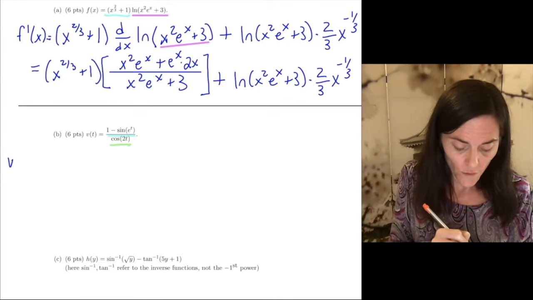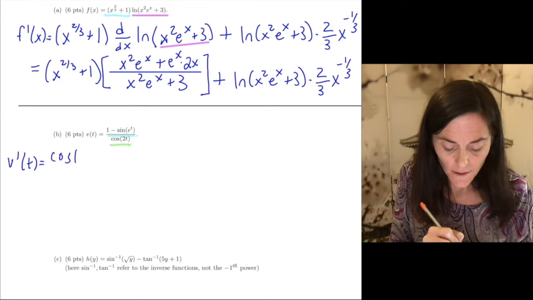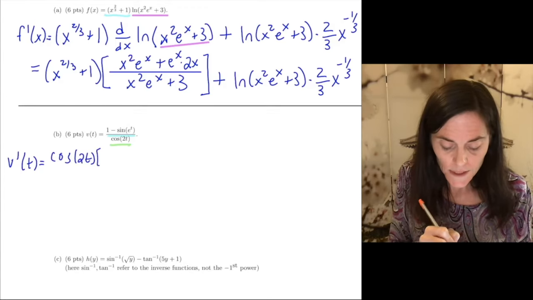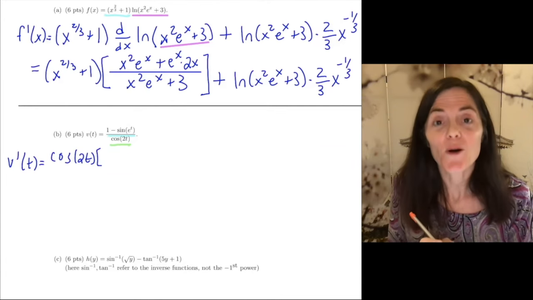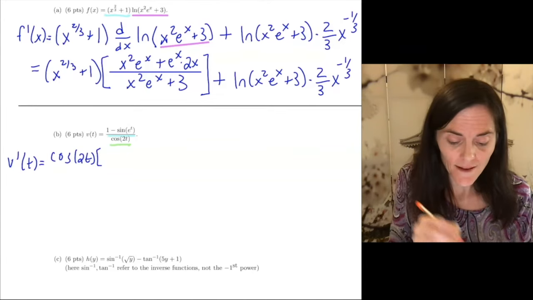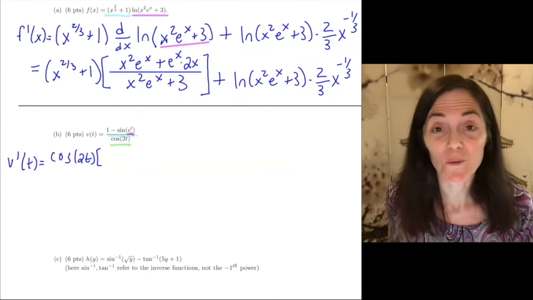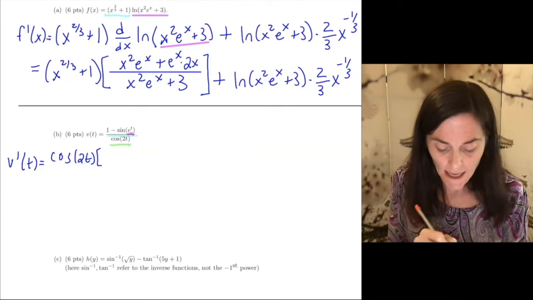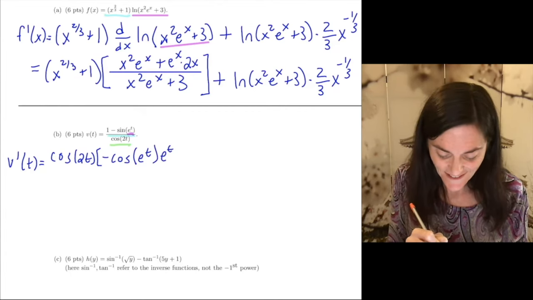Quotient rule, v prime of t equals: we have denominator times the derivative of the numerator. Derivative of 1 is 0. The derivative here of sine e to the t is in itself a chain rule where the inside function is e to the t. So we have minus cosine e to the t times e to the t.